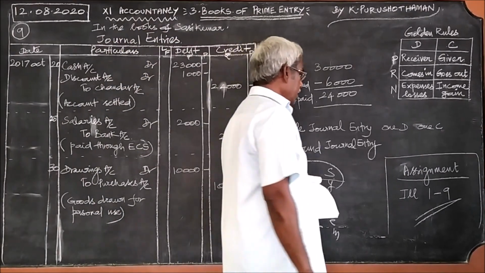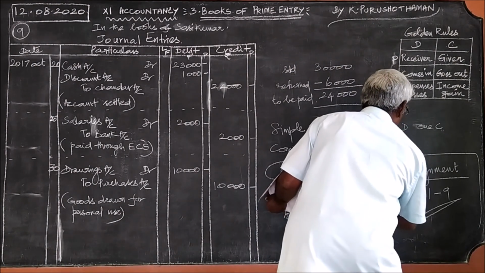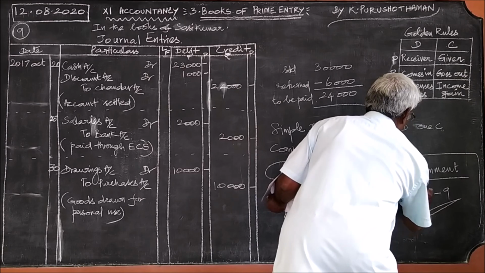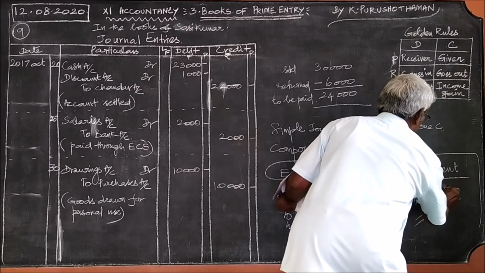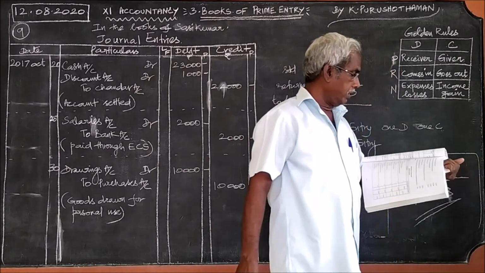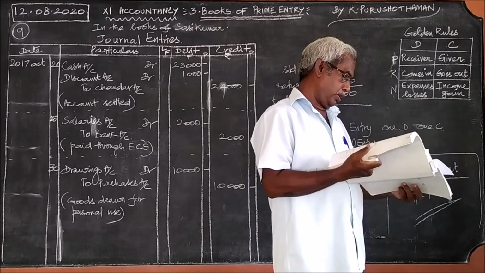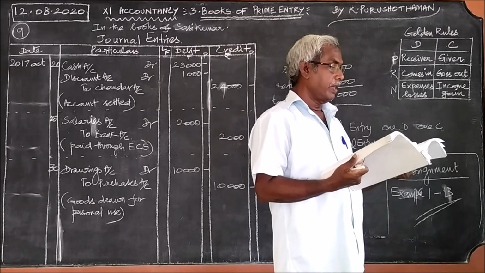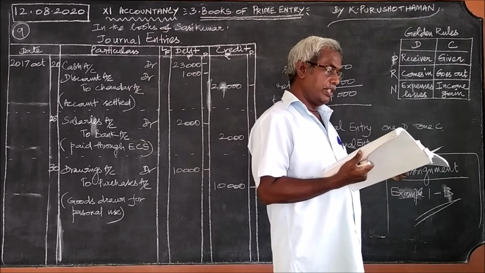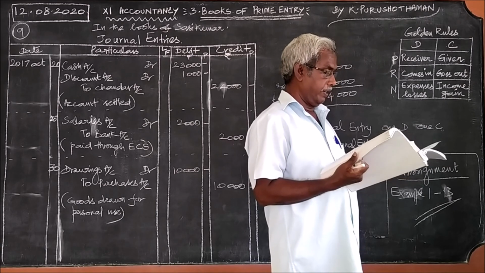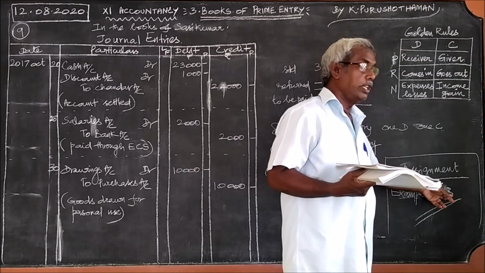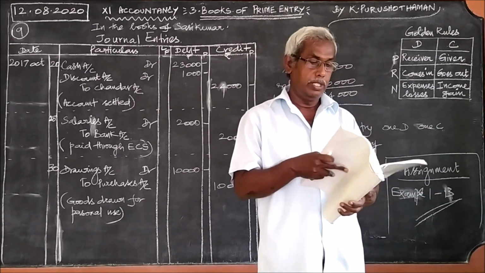So you can do the examples only, the rest we can do later. Example 1 to 13, only one journal entry each. So in 13 examples, you should pass only 13 journal entries. From illustration 8, we shall do it later. Examples 1 to 13 you must do as assignment. Okay, thank you.